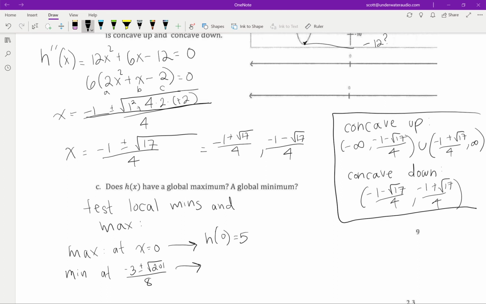And then the minimum, that one will be a little tougher. h of (-3 plus square root 201) over 8. This one I need a calculator for. At both of them, I'm going to need a calculator, and it might take me a second because this is a weird one.